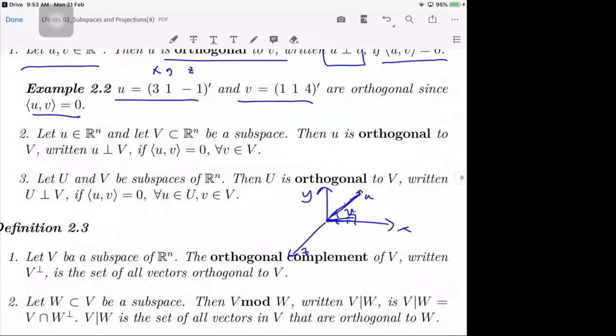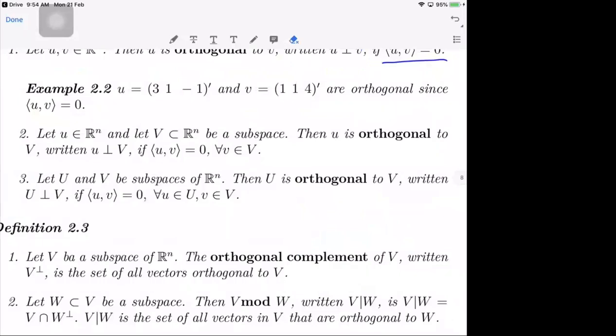So the first definition is orthogonality between two vectors. The next definition is orthogonality between a vector and a space. So u is orthogonal to a subspace V, denoted by this, if the inner product of u with v for all v in your subspace V is 0.